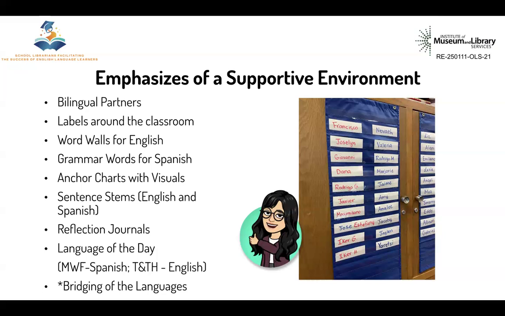Language of the day was something that we also did, which I really liked, and I made it into a reward system as well, just to kind of motivate students to stay within that language. So what we did is Mondays, Wednesdays, and Fridays, students would speak only in Spanish, unless they were in the content area of English, which would be math and English reading.